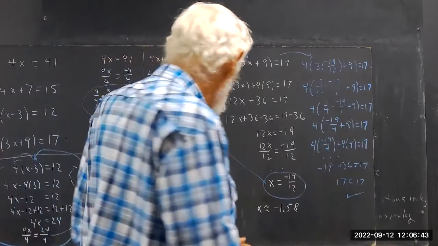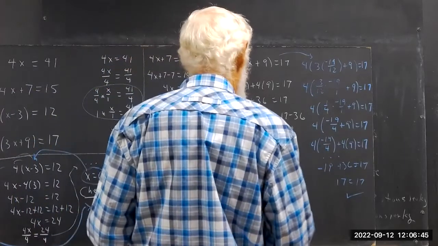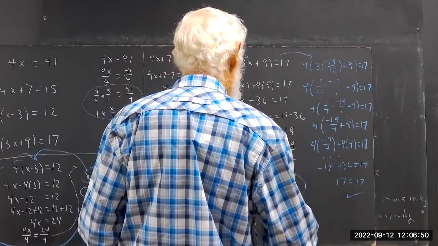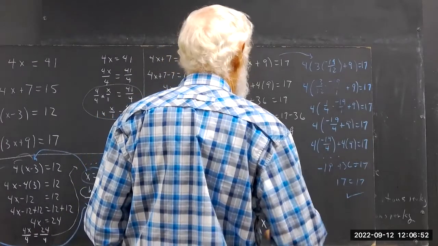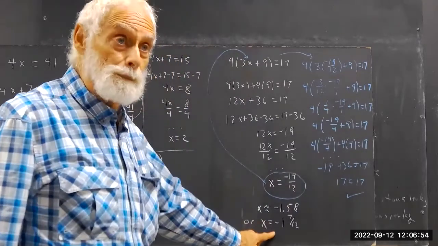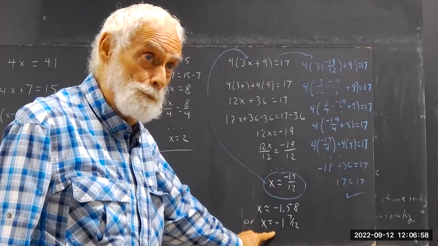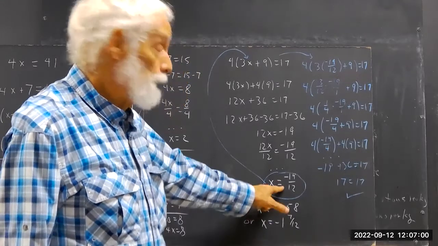And of course, we could also write this. This is equal. This is exact. Okay. If you're doing arithmetic with it, you want it in this form.